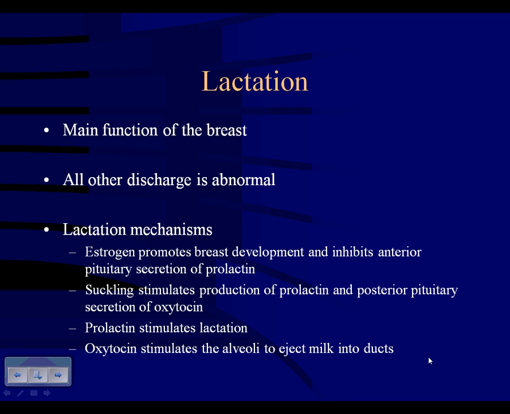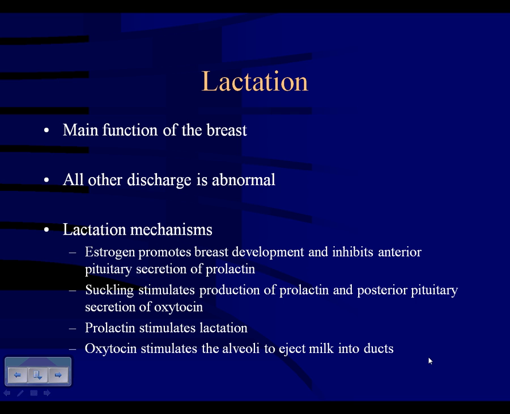Now, lactation mechanisms. There's a lot of hormonal influences here. Estrogen helps to promote breast development and inhibits the anterior pituitary secretion of prolactin. And that holds off lactation until the baby is born. And then the presence of suckling on the nipple immediately stimulates the production of prolactin, and at the same time, the posterior pituitary secretion of oxytocin.